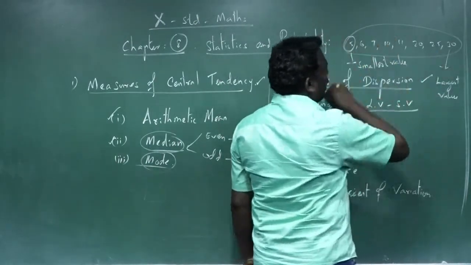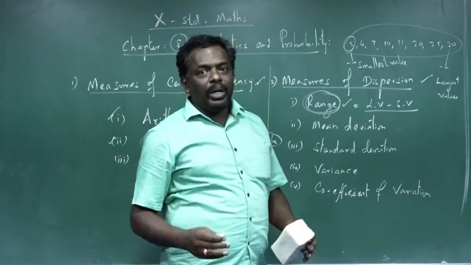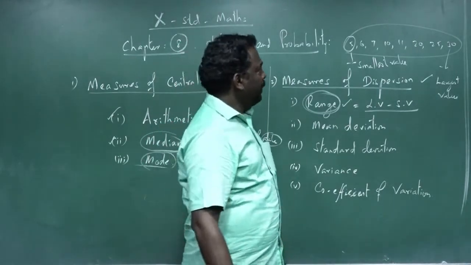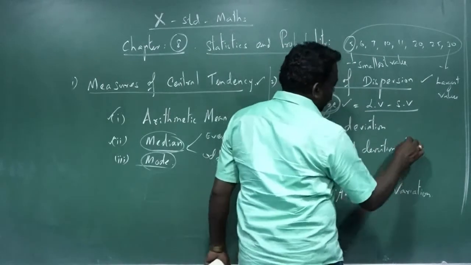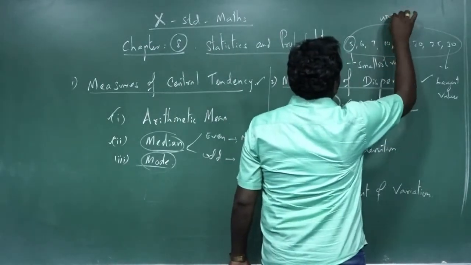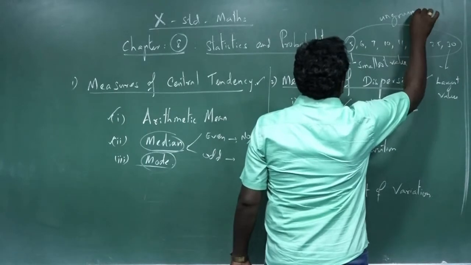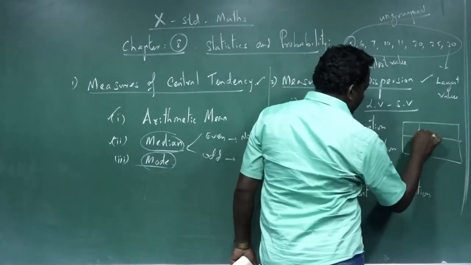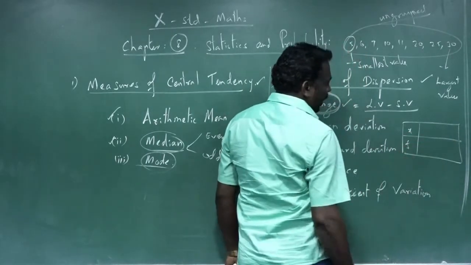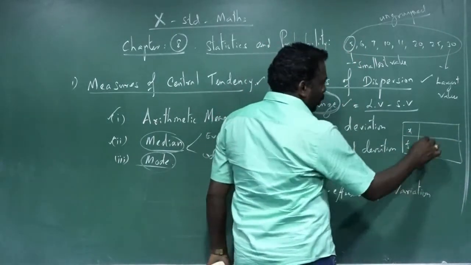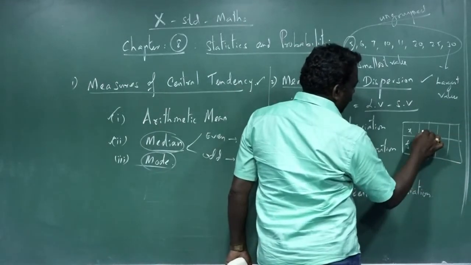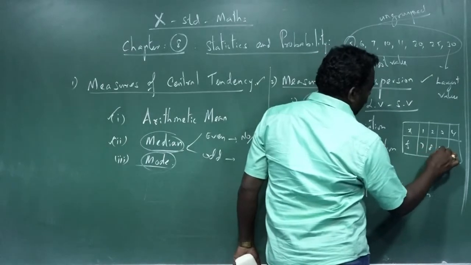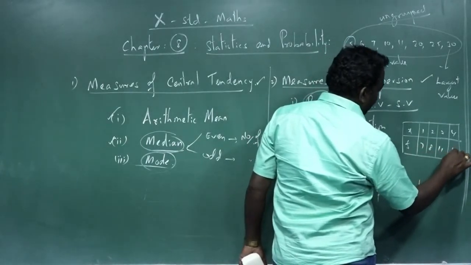Here the data given is called ungrouped data, that is raw data or ungrouped data. Grouped data means we take two values, one is called x and one is frequency, defined by f, and the two sets of data are given, such as 1, 2, 3, 4, 7, 8 and 11, 5, like that.